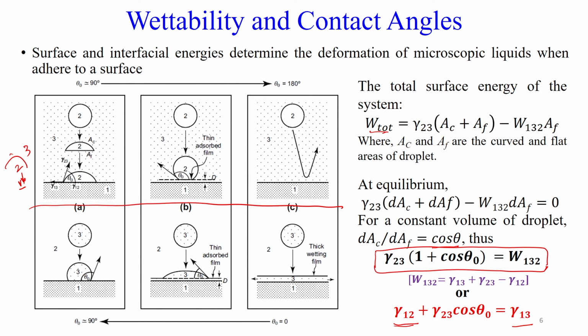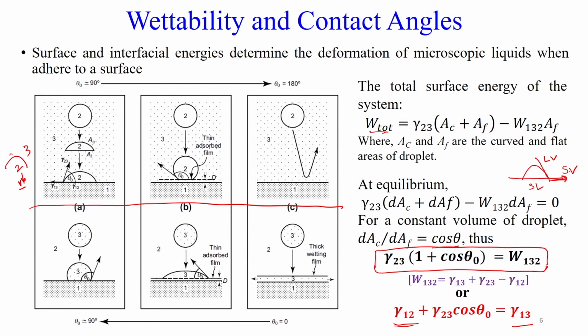So, in the Young's equation, what did we see is this was a drop, this was the solid vapor, this was solid liquid and this was the liquid vapor.